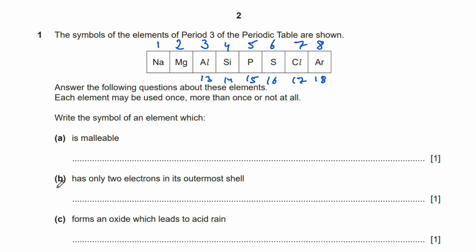Write the symbol of the element which is malleable. So see, metals are usually malleable. You can see there are 3 metals over here, of group 1, 2, 3: sodium, magnesium and aluminium. So you can write any one of them. Sodium, magnesium, aluminium, any one of them would be correct.